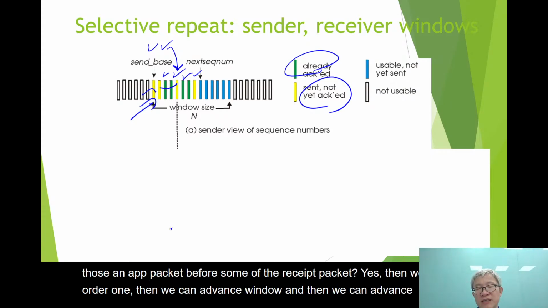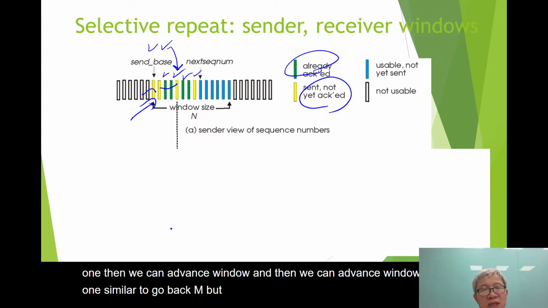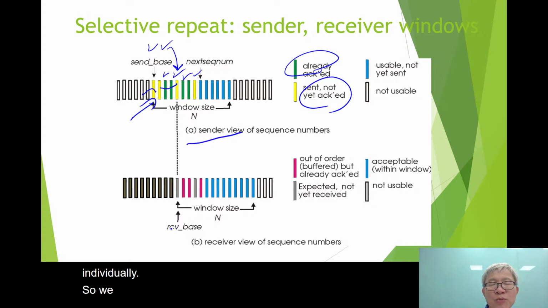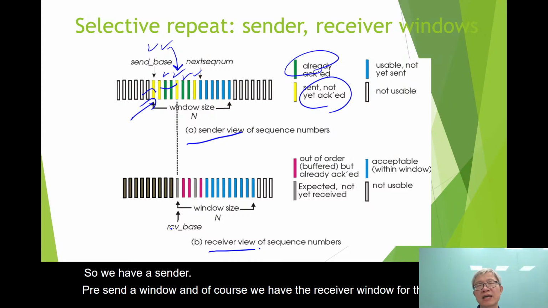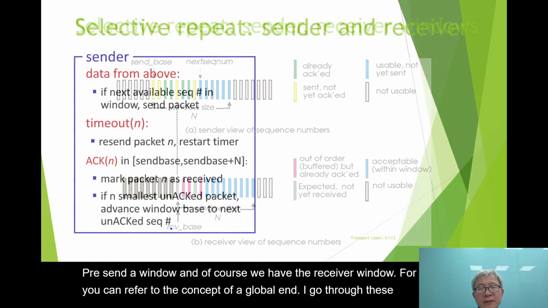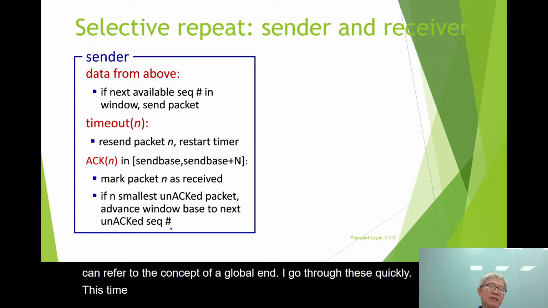So this one is similar to Go-Back-N, but we want to tackle the packets individually. So we have a sender window, and of course we have the receiver window. For this one, you can refer to the concept of GBN. I go through this quickly. This time, we already have this kind of description, something like we have an algorithm.